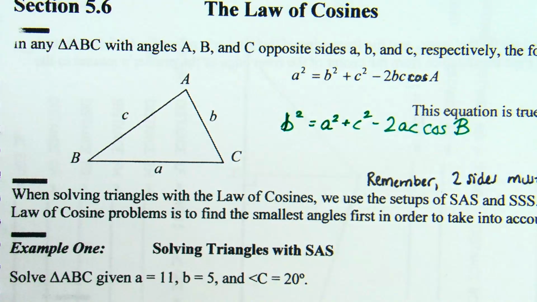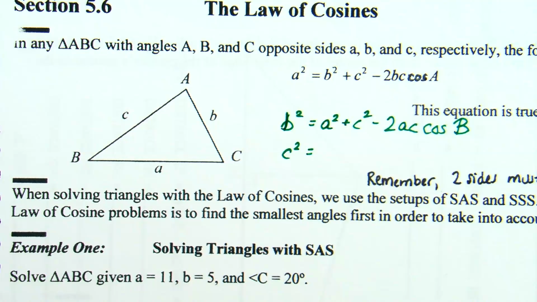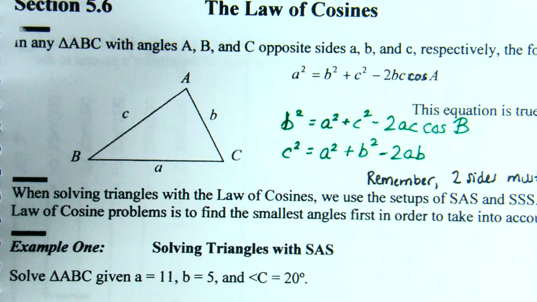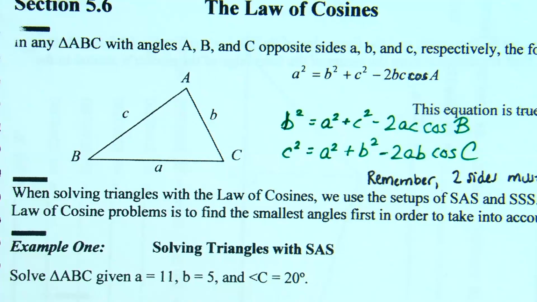This one starting with c squared. So c squared is the side that starts it. Then the two sides being added are a squared plus b squared minus 2ab, always cosine, and this time it's cosine of angle C. So you have 3 variations of law of cosines that you can use depending on the situation.